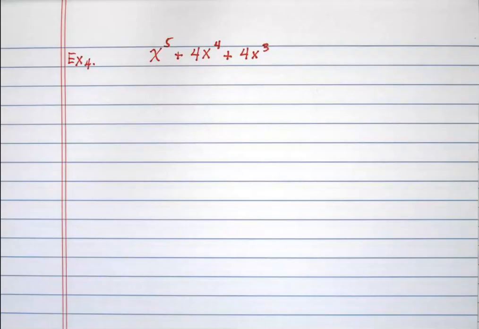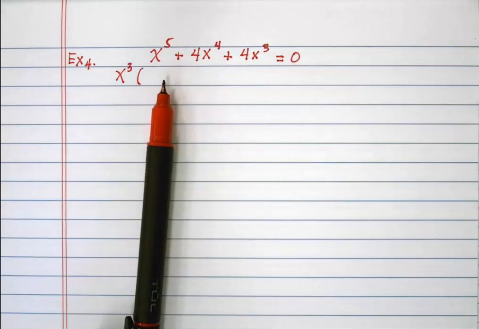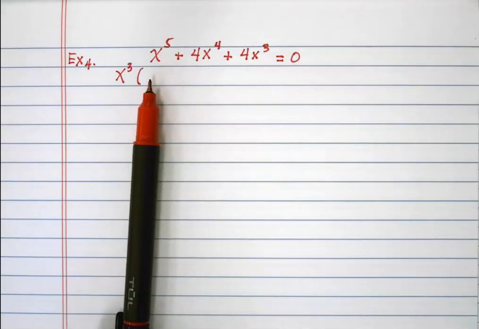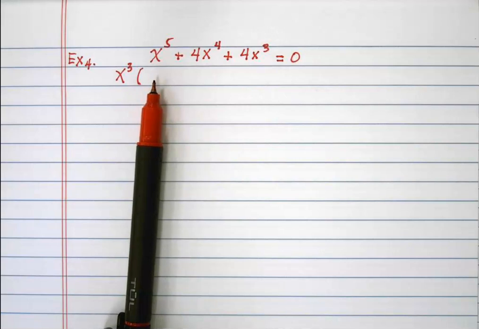So this is our last and final example. As you can see, it is not factored completely, so we'll have to factor this out using the greatest common factor. Notice that for all the terms, the biggest common factor that I can factor out from all of the 3 terms is x to the third.